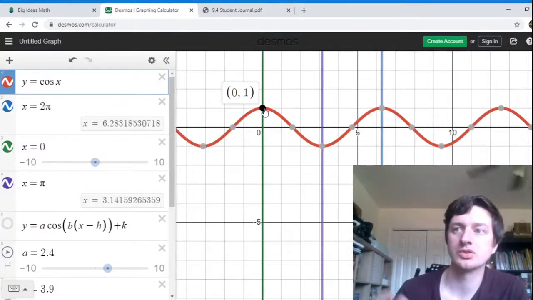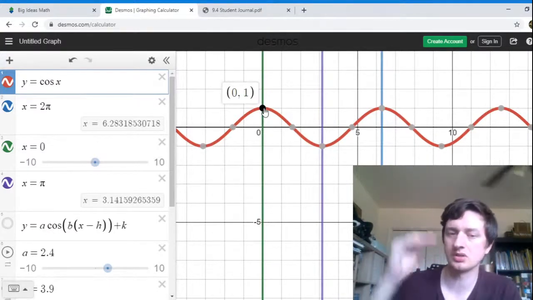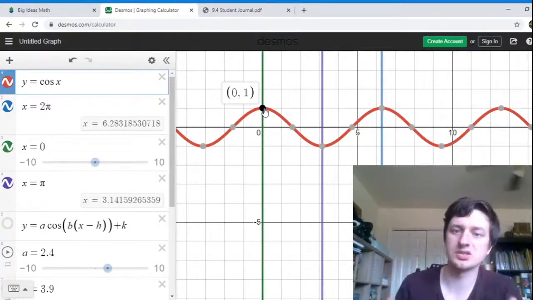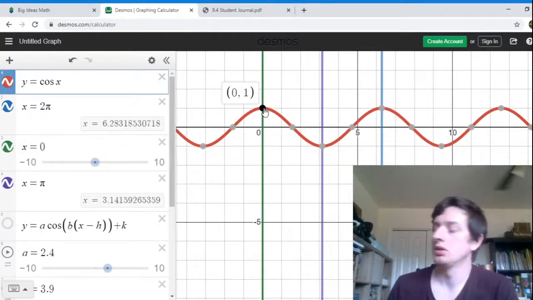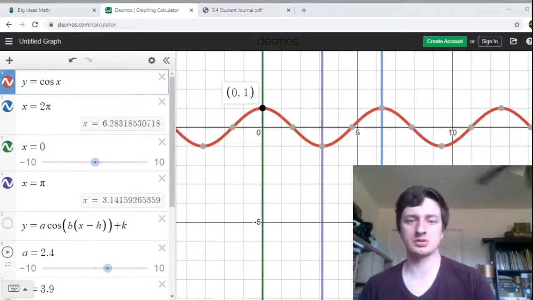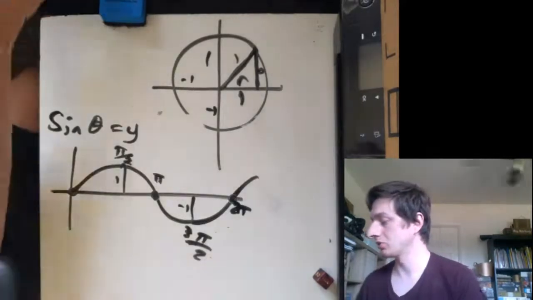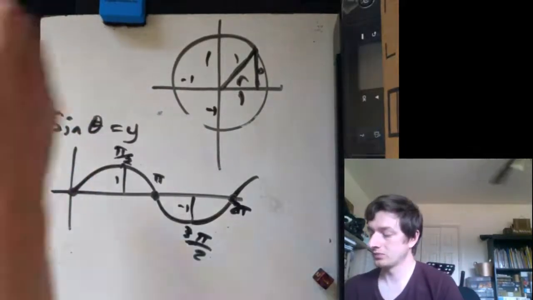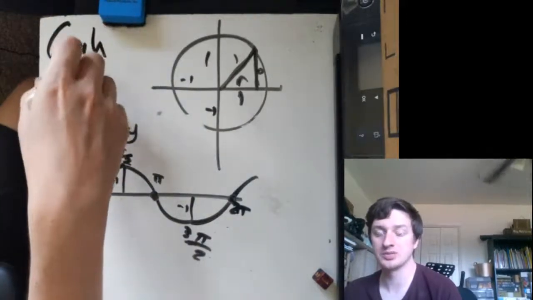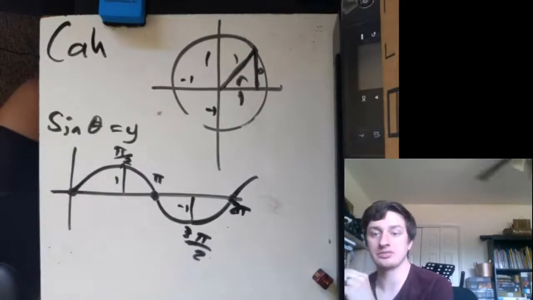All right, so sine and cosine graphs are these curves. The amplitude is the height scale, and the period is the distance between the repeats. And for cosine, the reason the graph starts at 1 is because if we remember, cosine is the adjacent side over the hypotenuse. It's the distance on the x and y, the left and right distance.